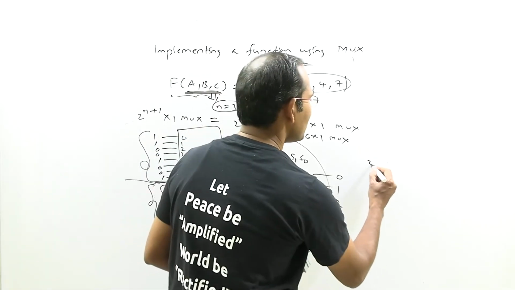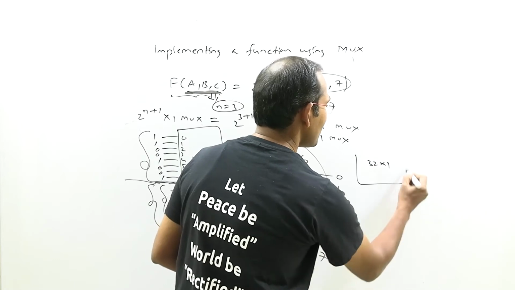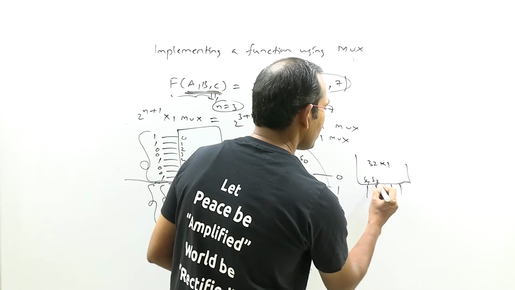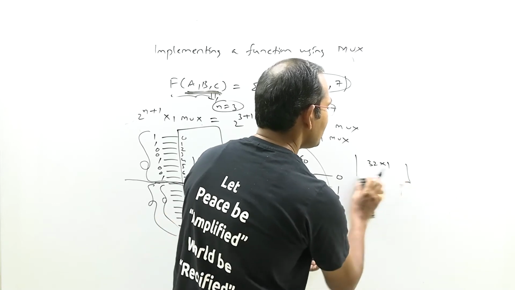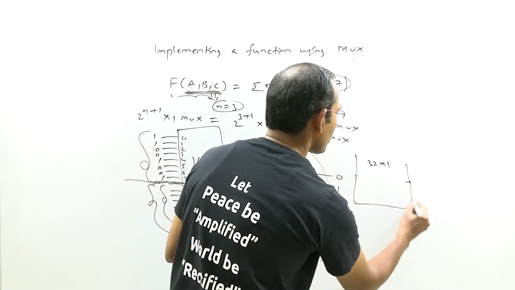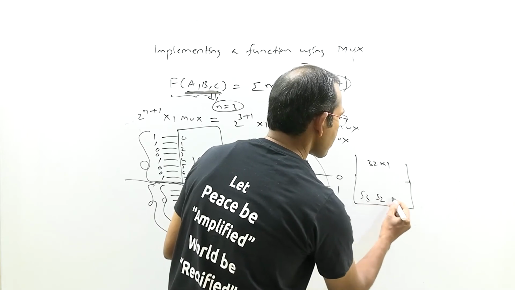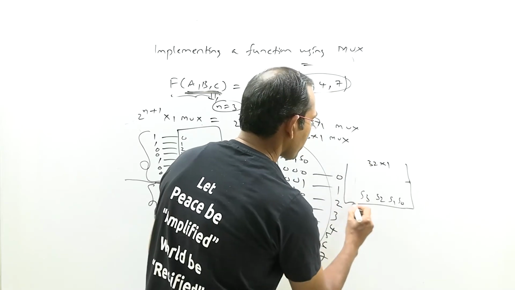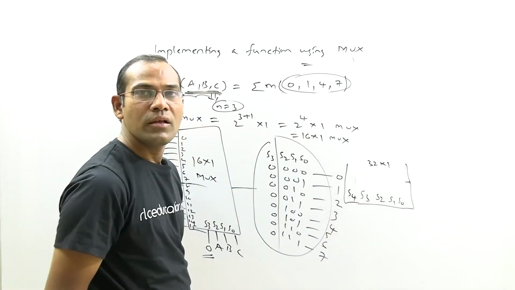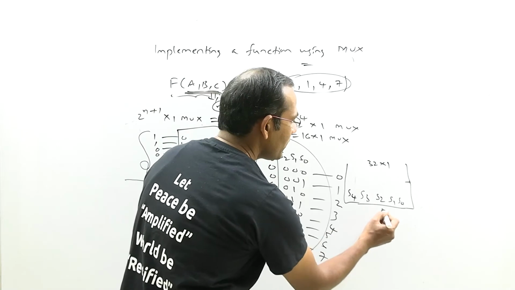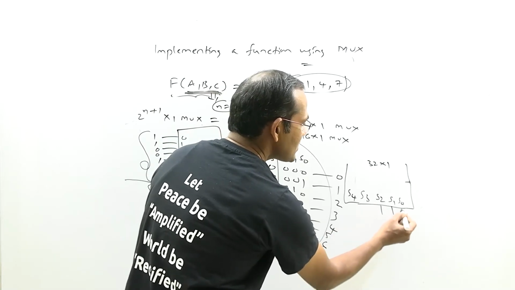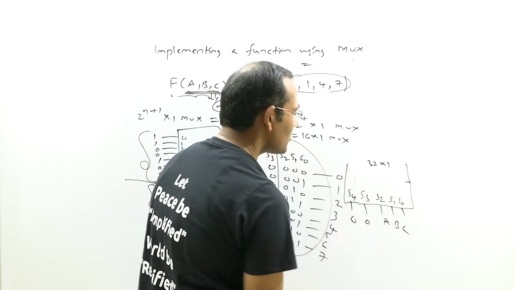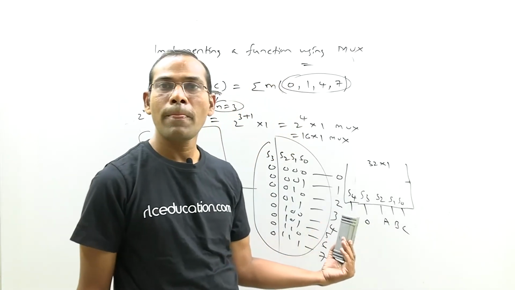a 32x1 mux means here 5 selection terminals will be there. S2, S1, S0 will be ABC, and maintain S3 and S4 at 0.